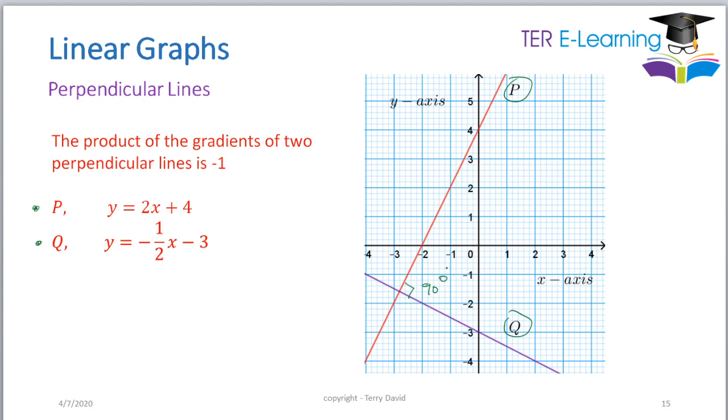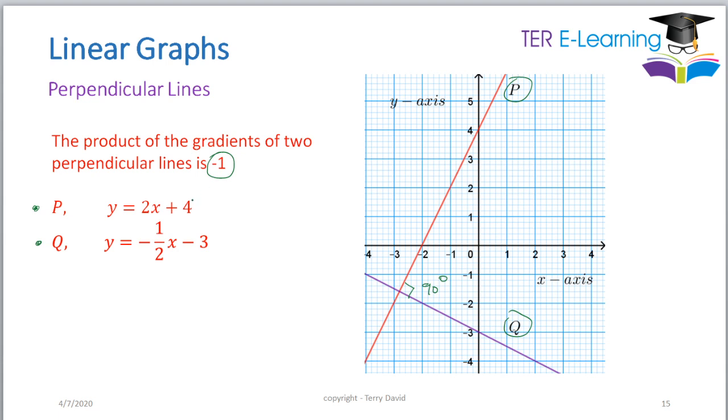So P and Q are said to be perpendicular if, when they cross each other, the angle made between them is 90 degrees, right? Now I'm hoping you all know what 90 degrees is, right? So the key point here is perpendicular lines are lines that meet at 90 degrees. But here's the thing. When you multiply the gradients of each of those two lines, you are going to get -1.